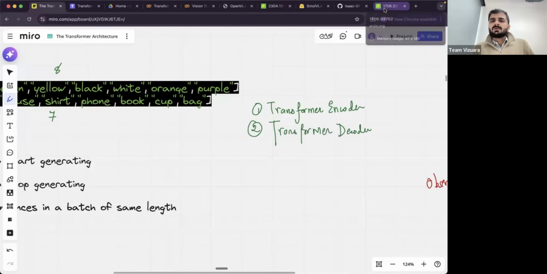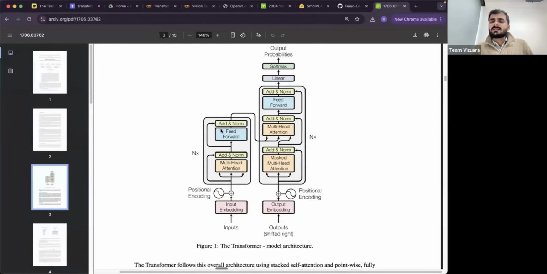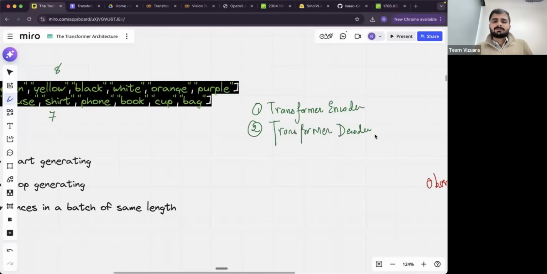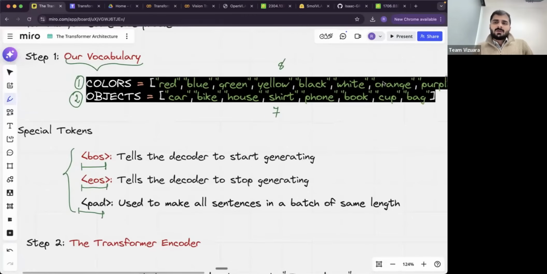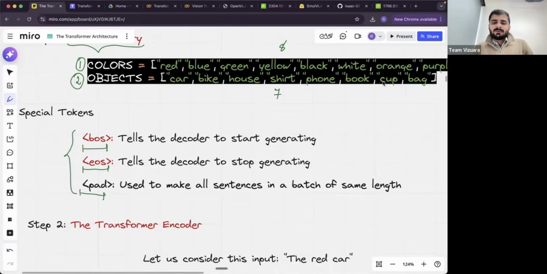In the paper figure which you look at here, the left side is the encoder and the right side is the decoder. We are going to first focus on the transformer encoder and understand the entire architecture of the encoder.